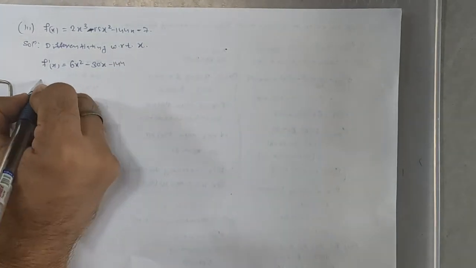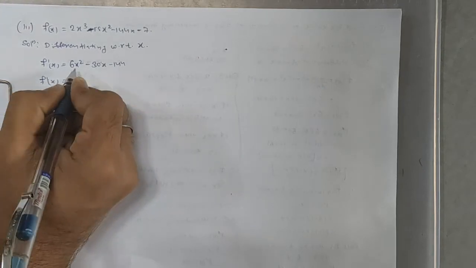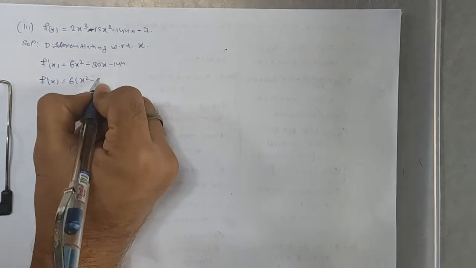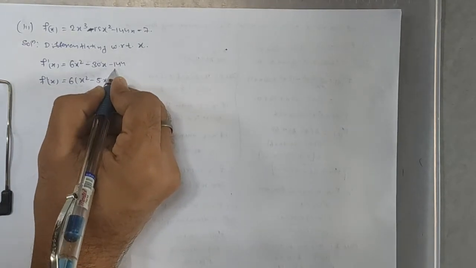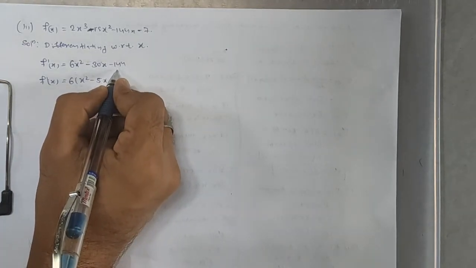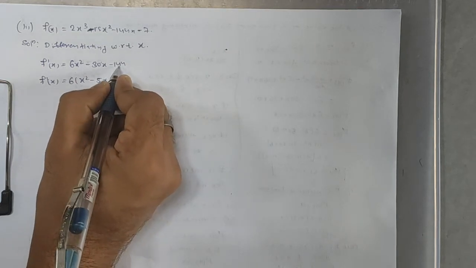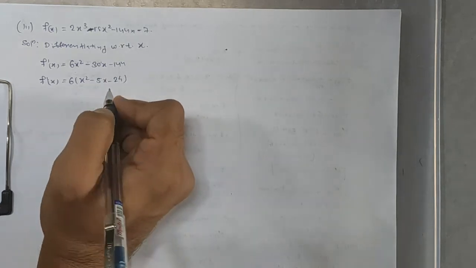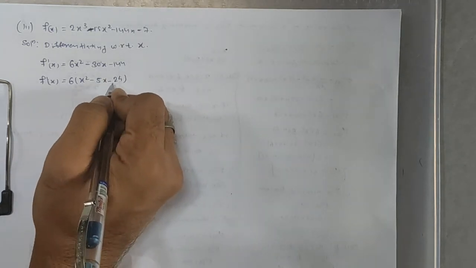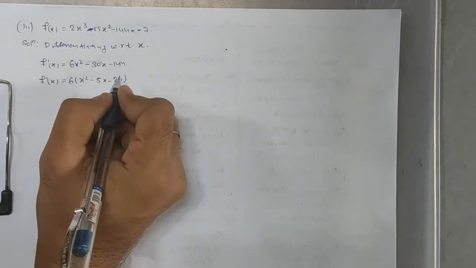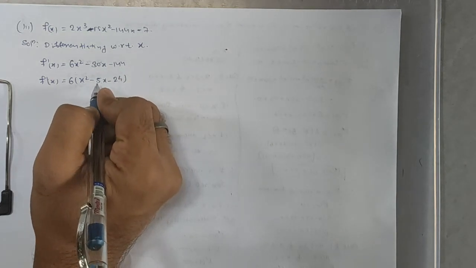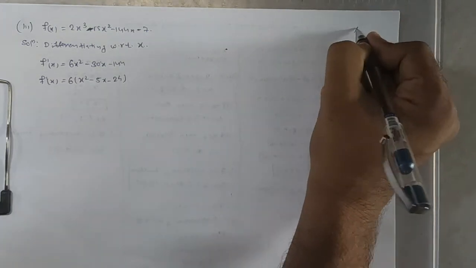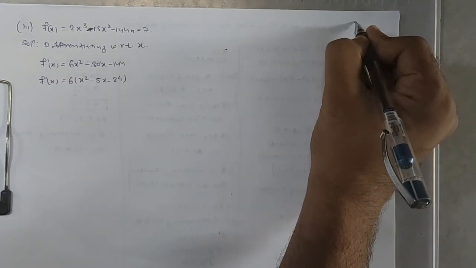So now here in f dash of x we can take 6 common. So x square minus 5x, and this will be 6 2s are 12. Now remaining 24, 6 4s are 24. Now we have to find the factors of 24 such that their difference will be 5.